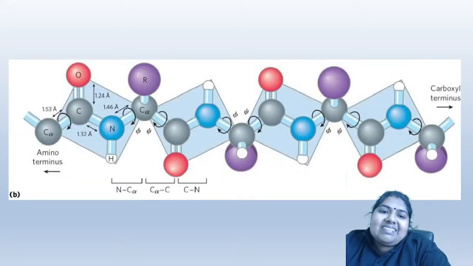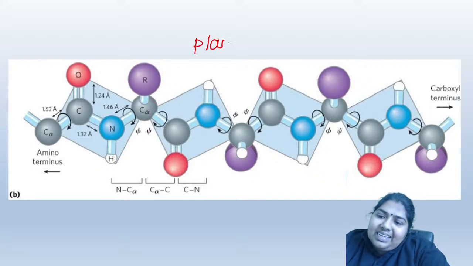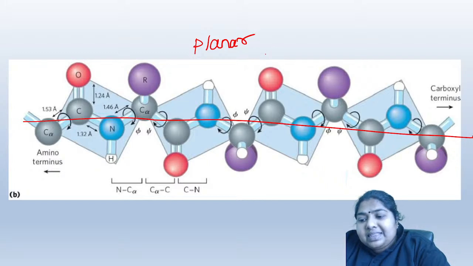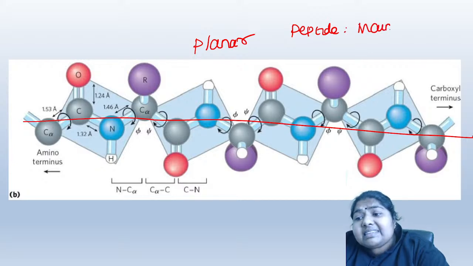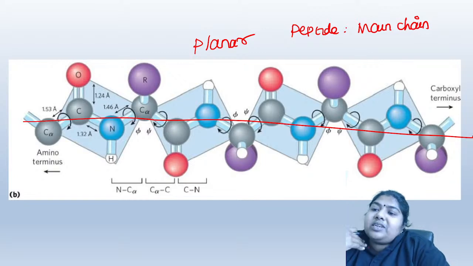Got it? Yes. So this is how your peptide bond looks like. And how is the nature of the peptide bond? It is planar, isn't it? And one more question. This peptide bond, can it form in the main chain or it is applicable for the side chain? Think and tell me.